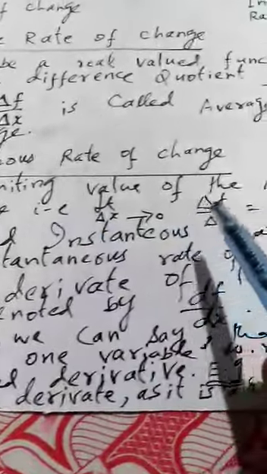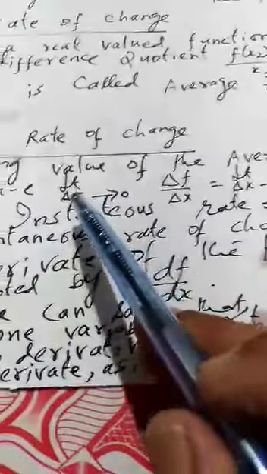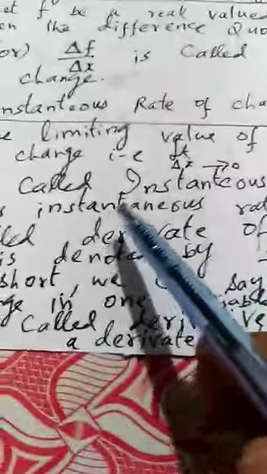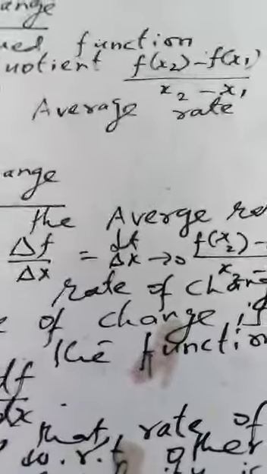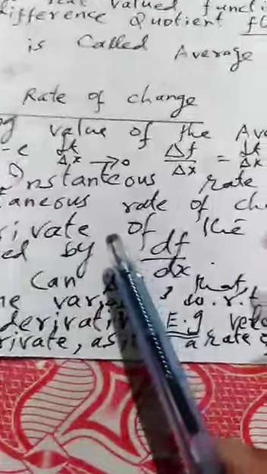The limiting value of the average rate of change, that is limit delta x goes to 0, delta f over delta x, or limit delta x goes to 0, f(x2) minus f(x1) over x2 minus x1 is called instantaneous rate of change. यानी फौरी तब्दीली जो किसी फंक्शन में आती है, ठीक है, उसको हम कहते हैं इंस्टेंटेनियस रेट ऑफ चेंज. और ये इंस्टेंटेनियस रेट ऑफ चेंज जो है ये दरअसल डेरिवेटिव कहलाती है.